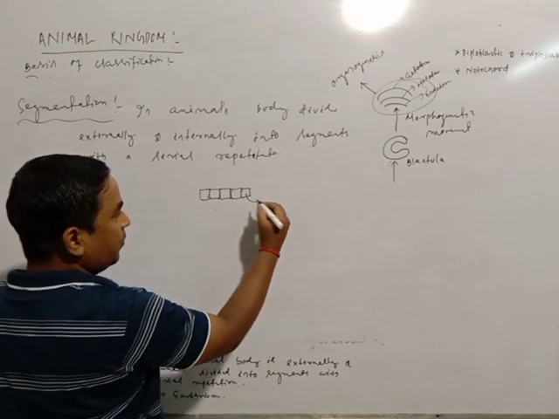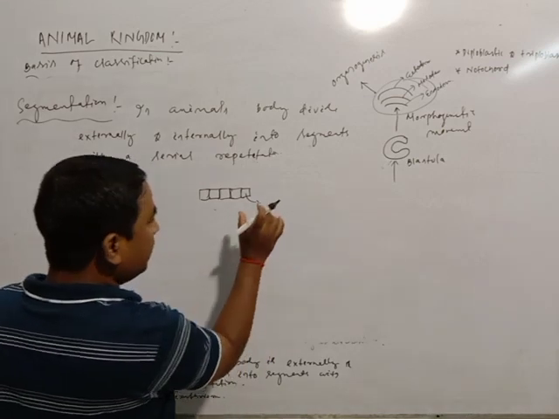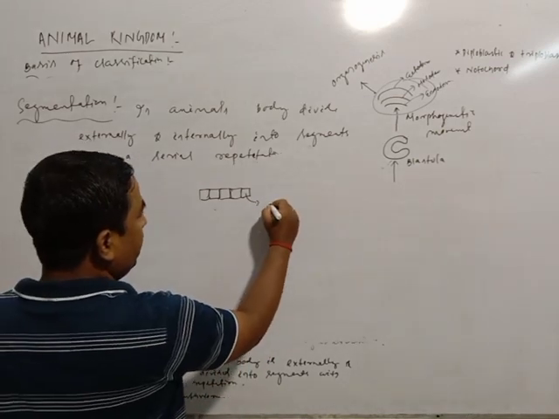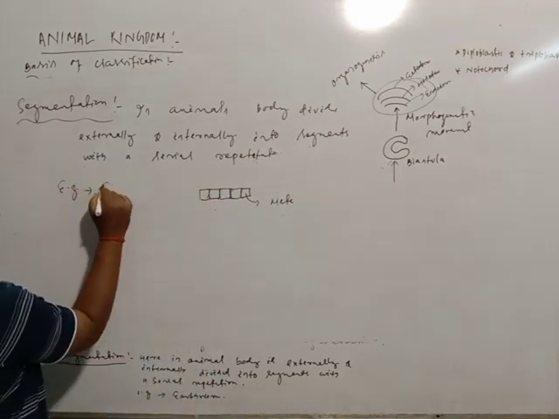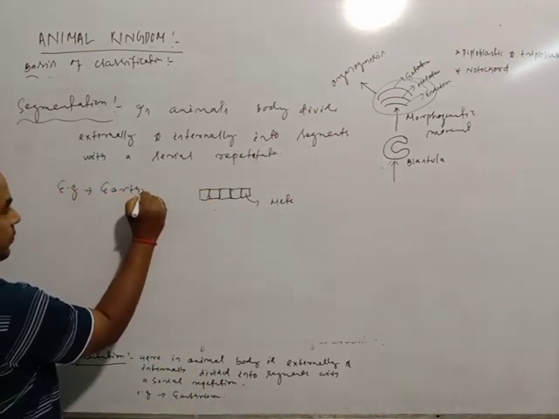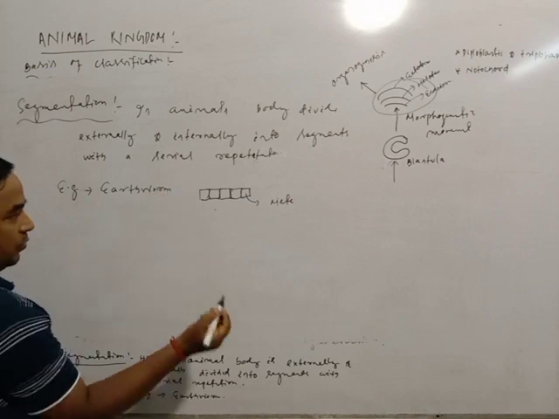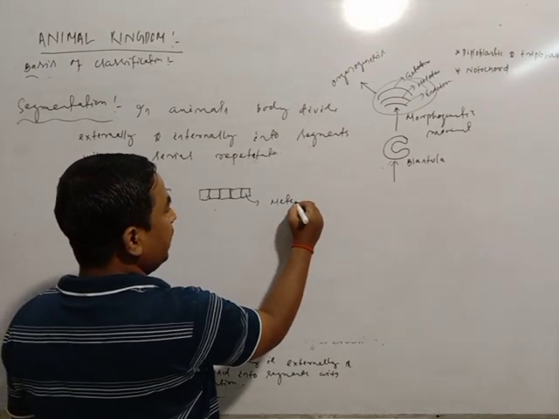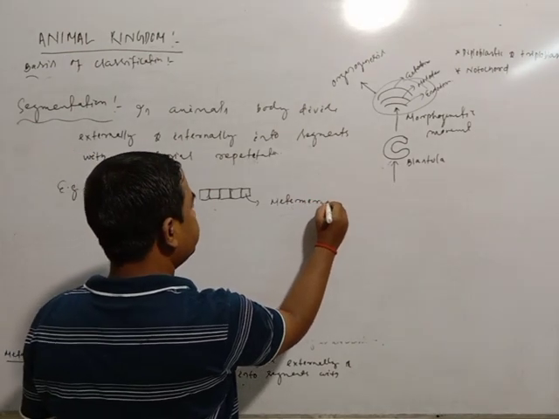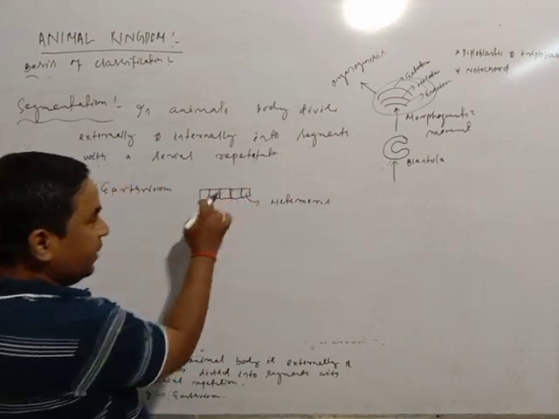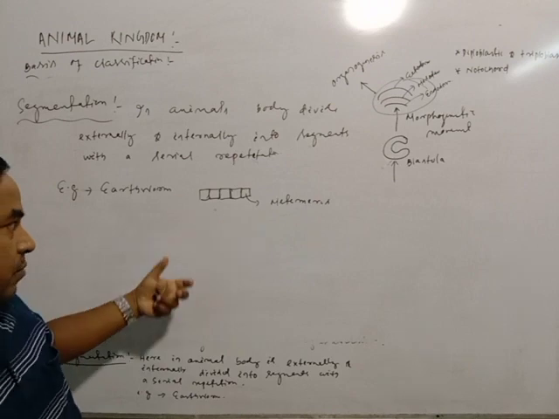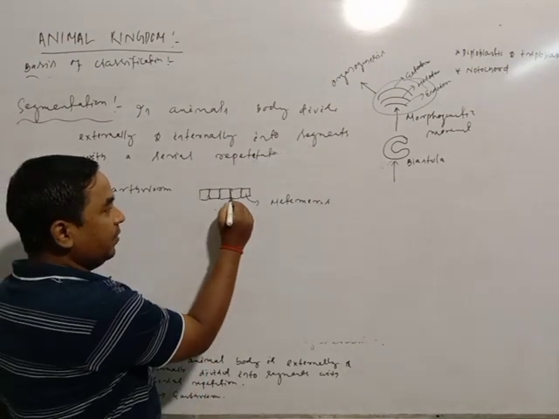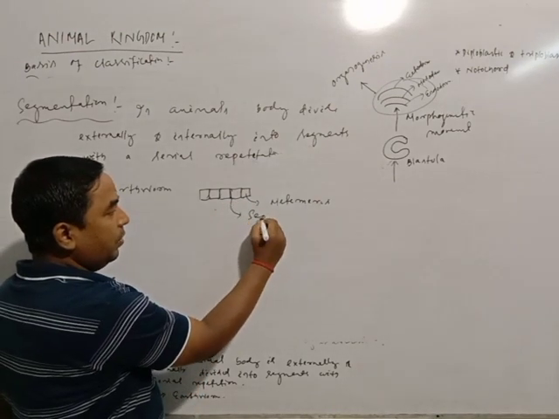These parts are called fragments, or metameres. Example: earthworm. In case of earthworm, these are the metameres, and these blocks or segments are separated by a fine membrane called septa.